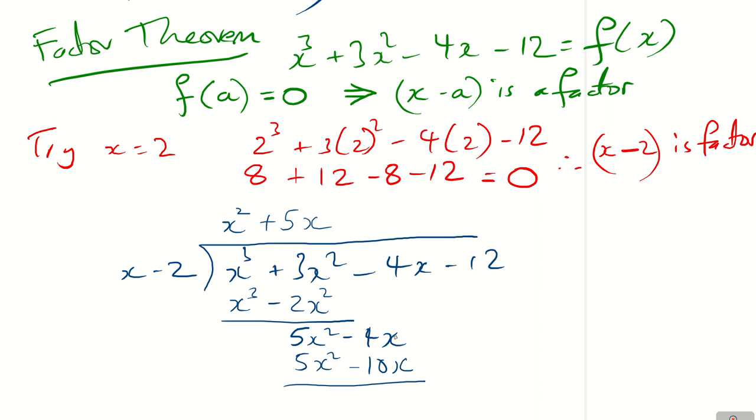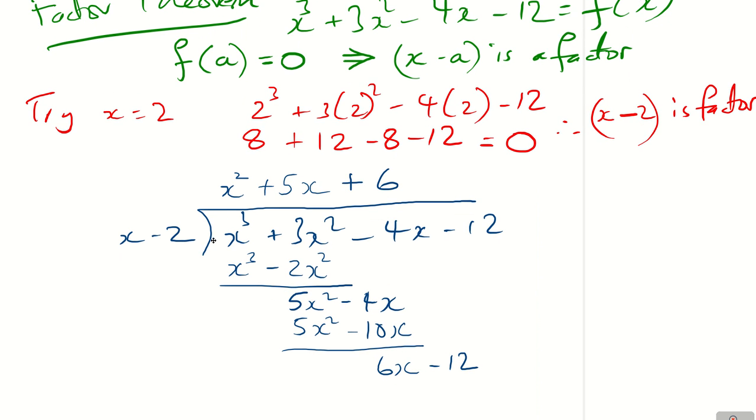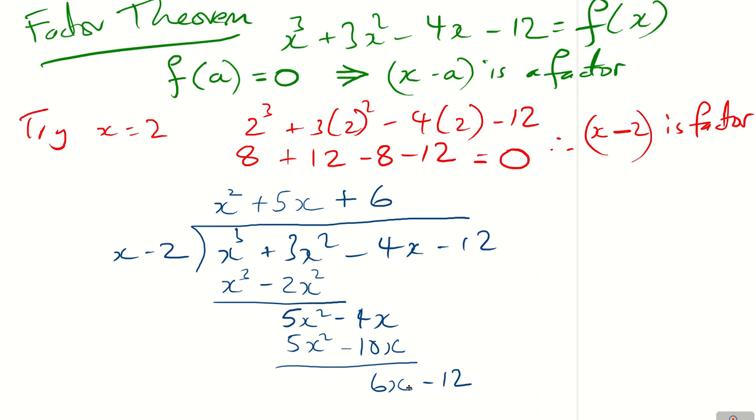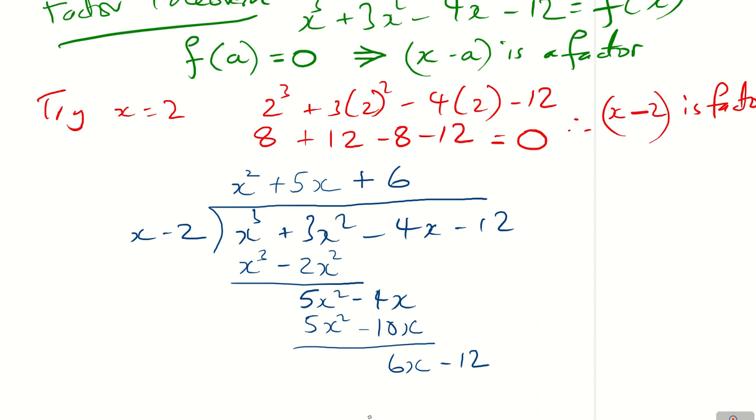Then I do minus 4x minus minus 10x, which comes to 6x, and I bring my minus 12 down. Now what do I times x by to get 6x? I've got to times it by plus 6. If I do 6 times x minus 2, I get 6x minus 12, and we get no remainder.